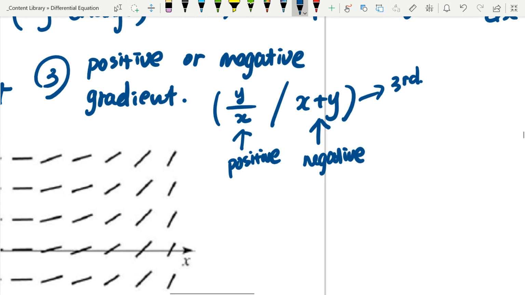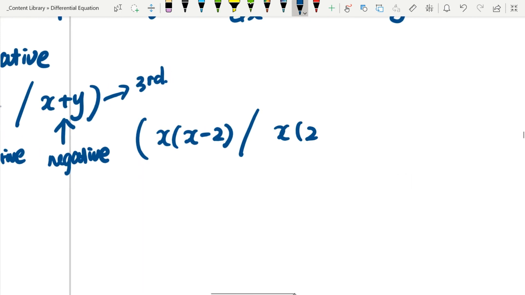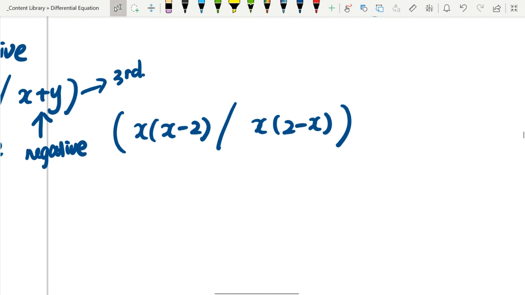It's not always looking at the third quadrant. It depends on different questions. Sometimes you look at x greater than something, whether you get a positive gradient or negative gradient. For example, if you have x times x minus 2 or x times 2 minus x, and you want to select one, what value do you look at?